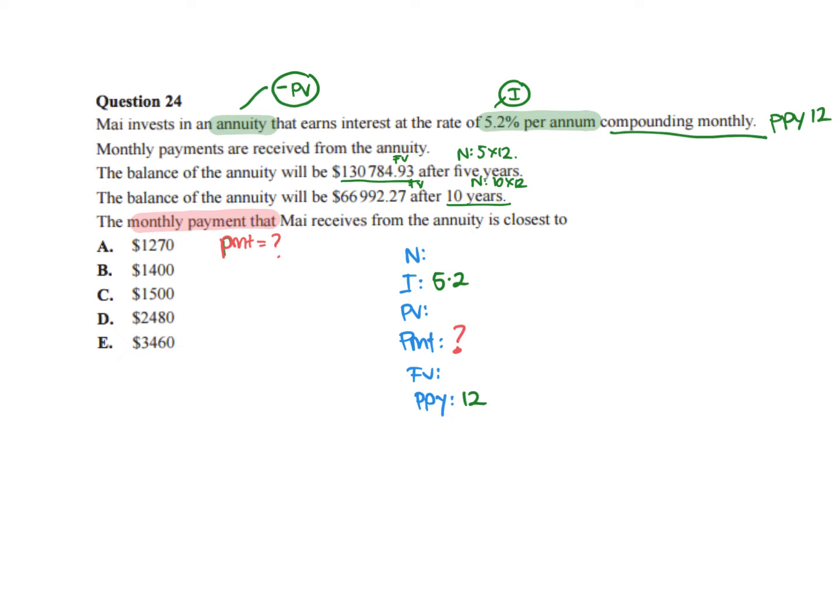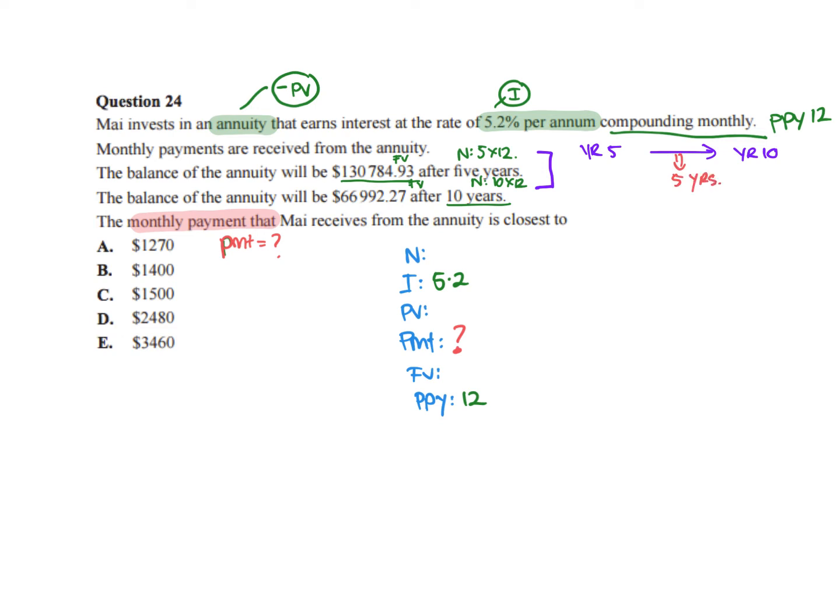Now, if you look at the question, the PV, the initial amount invested, was never given. But you have been given a section of time. So if you go from year 5 to year 10, how many years is that? That's 5 years.